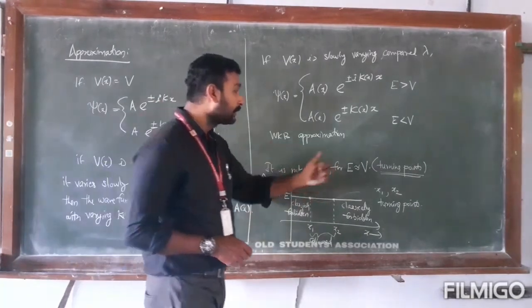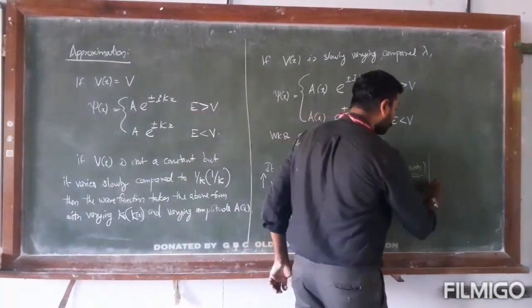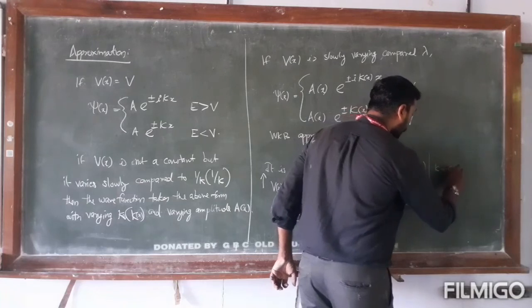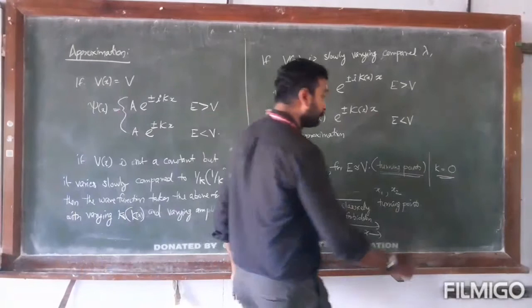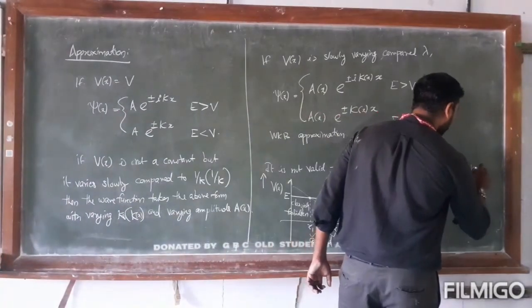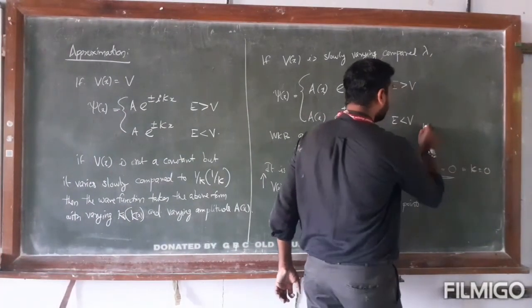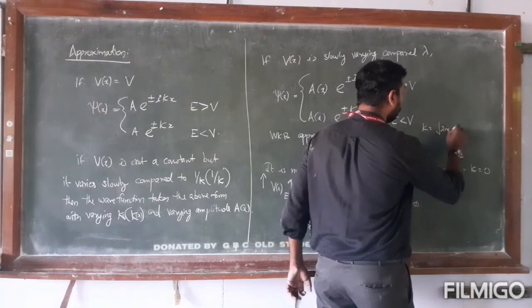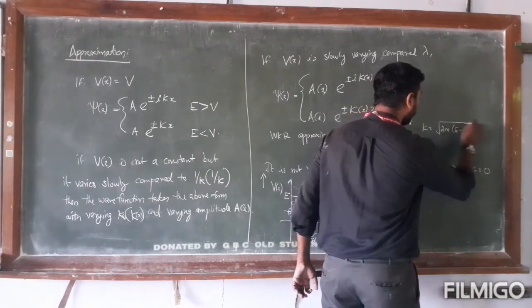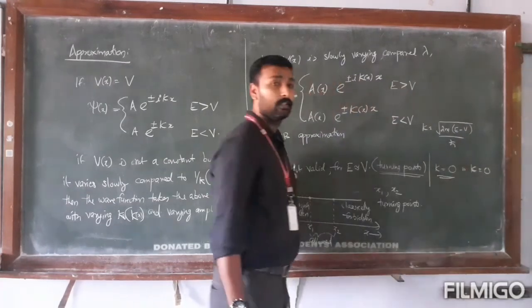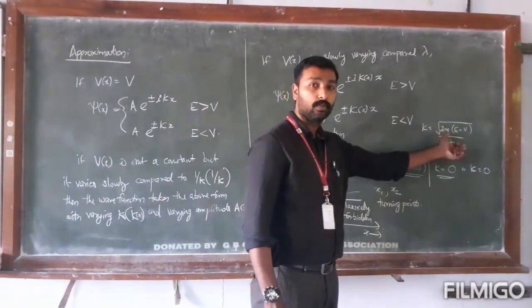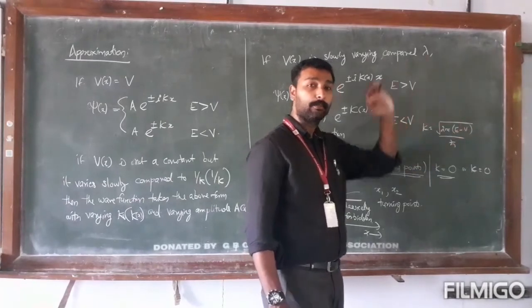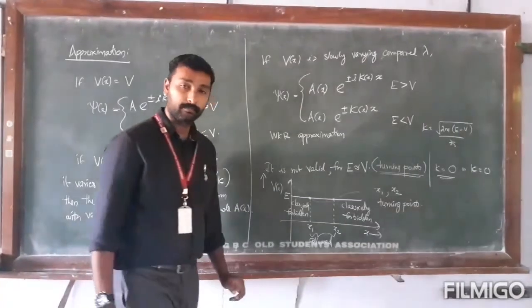Because at the turning point, if you look at k, the k becomes 0, or kappa becomes 0, because k is the square root of 2m (E minus V) by h-bar squared. So when E is approximately V or when E equals V, the k becomes 0. So at those points, the de Broglie wavelength will go up to infinity.